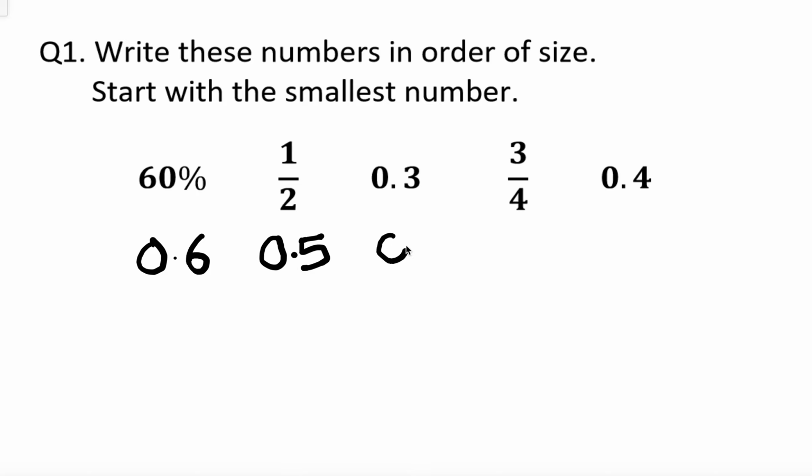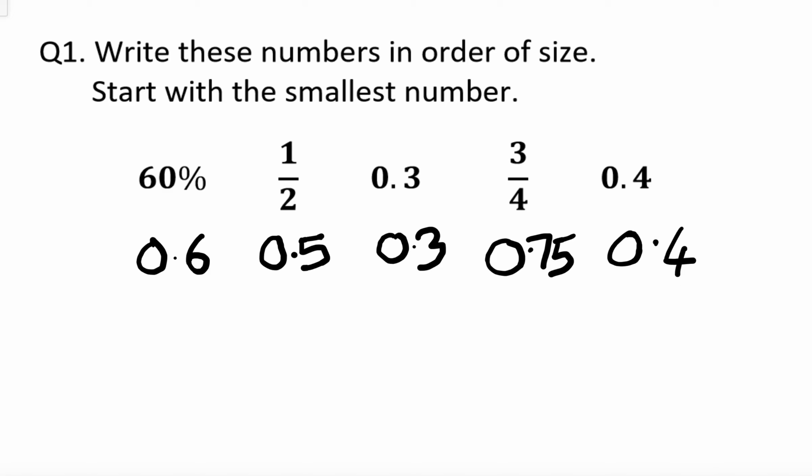And we already have 0.3, so we haven't got to do anything with that. 3 quarters is basically the same as 75%, which if you divide 3 by 4, you'll end up with 0.75. The last one is 0.4, already there for us.